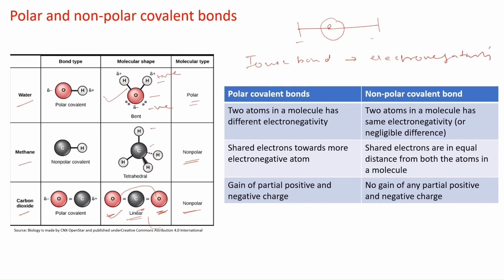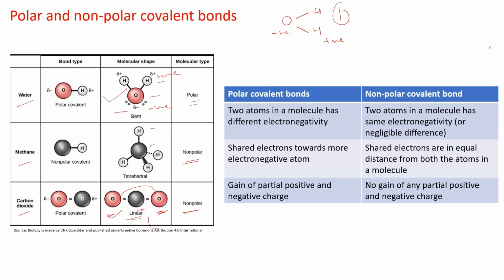For example, water. Atoms involved are oxygen and hydrogen. Oxygen is much more electronegative than hydrogen. Then why is this compound not formed due to ionic bonds? Why covalent bond? How many electrons does hydrogen have? 1. So it cannot donate that electron, right?